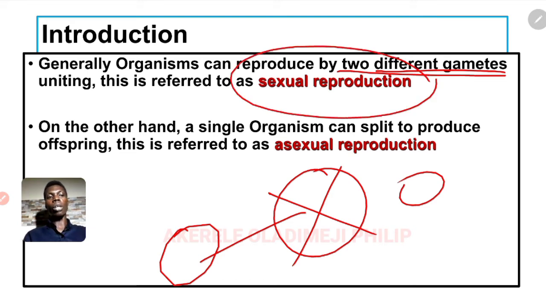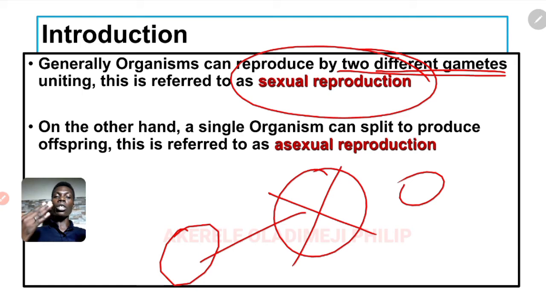Now let me get this right. When we talk about sexual reproduction, students often think that it has to do with sexual intercourse, which is otherwise called coitus. No, it doesn't have to. In fact, sometimes it doesn't even have to involve two living organisms. It could just be one organism that has the two gametes in itself. For example, each segment of a tapeworm has the testes and the ovary. So that means it could actually fertilize itself.